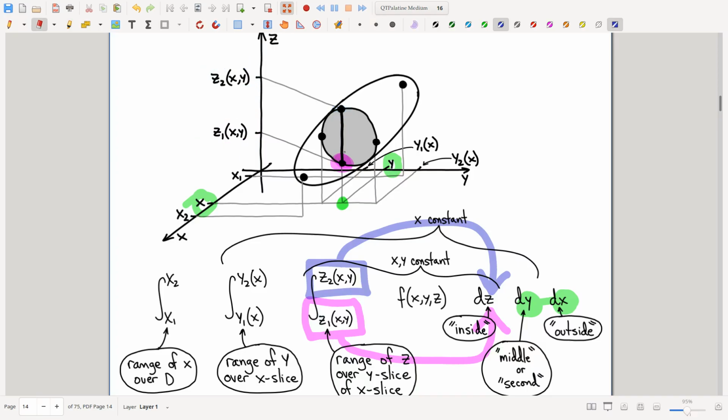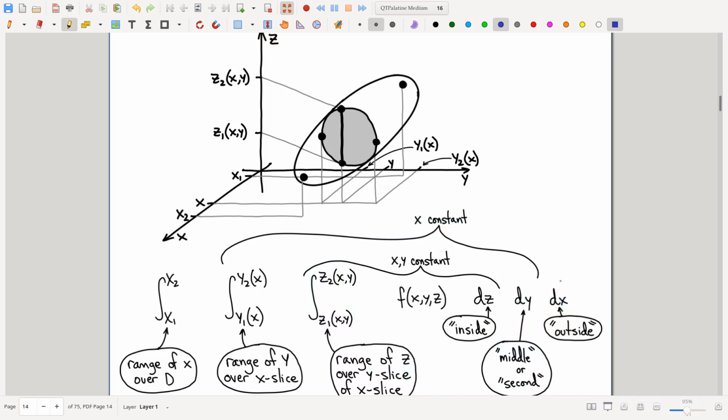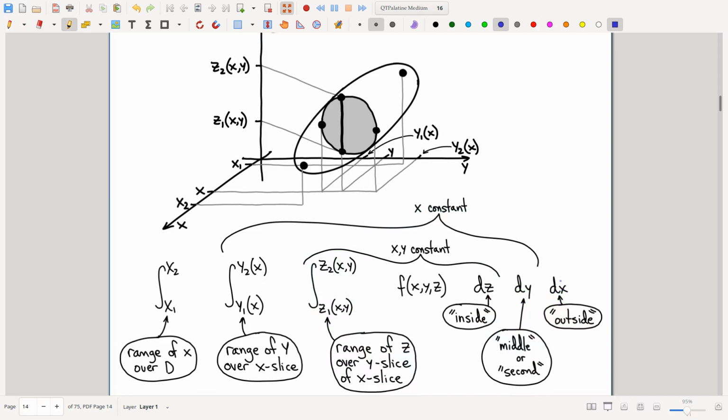Okay, so do keep in mind, and now the following is analogous to stuff we've talked about for double integrals, but when you are looking at the inside integral, the innermost of the three integrals, keep in mind what that is, right? This is letting z range over certain values.